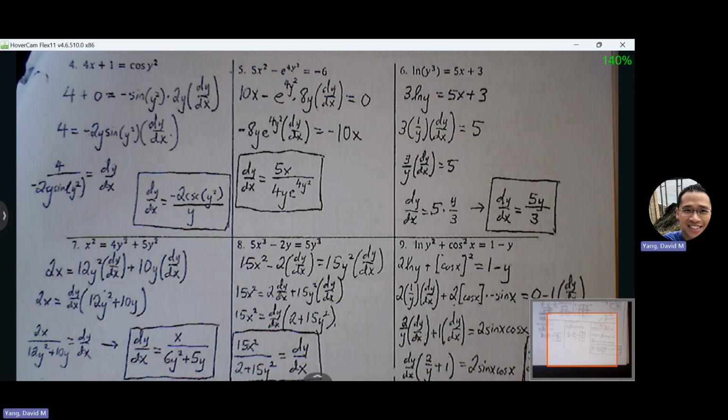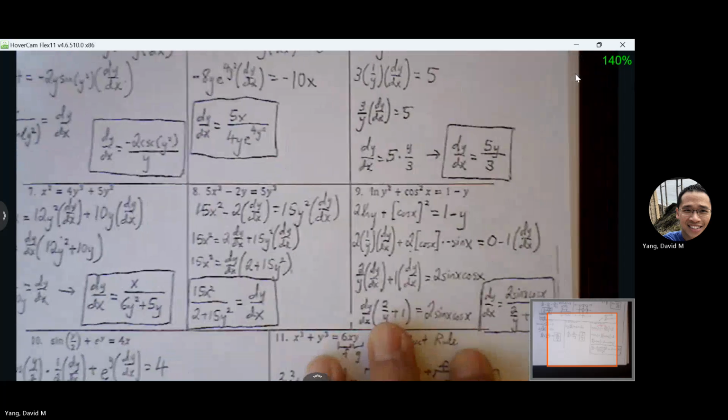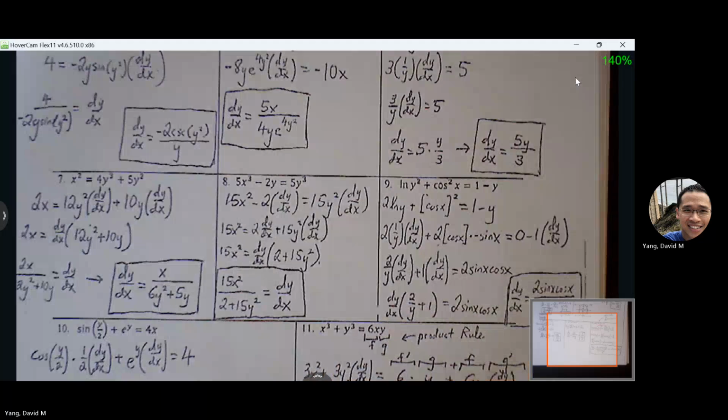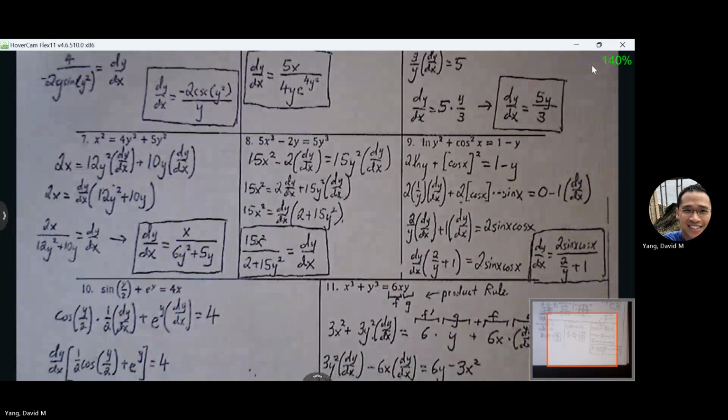And then last problem, try number 9. So number 9, I'm doing a little bit of cleanup before I jump to the derivative.